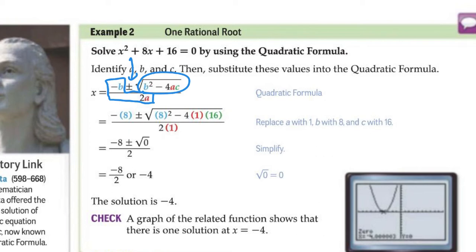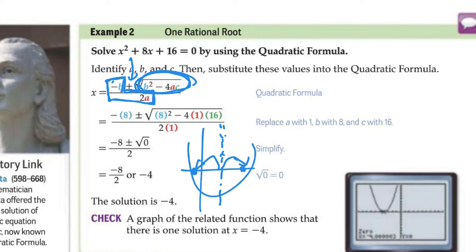So if you have a graph like this, negative b over 2a, which is right here, gives you this line of symmetry. And then this value with the square root goes to the right and to the left by the same amount to find where the zeros are. It doesn't match this graph, but anyway, it's this idea that negative b over 2a gives you the line of symmetry, and you go to the left, go to the right by the same amount.